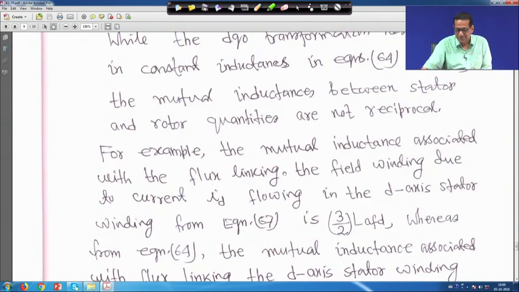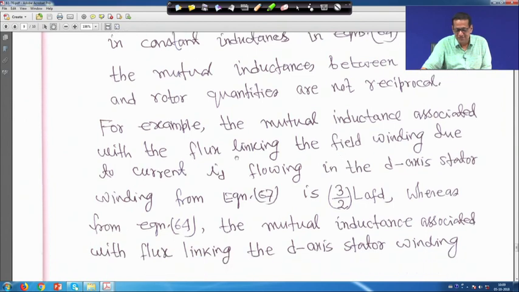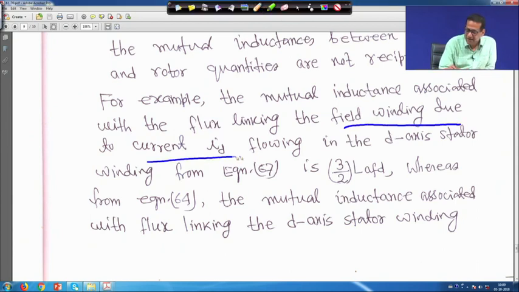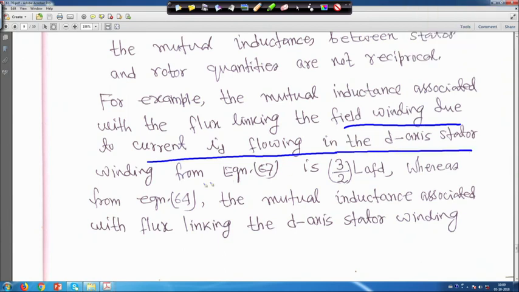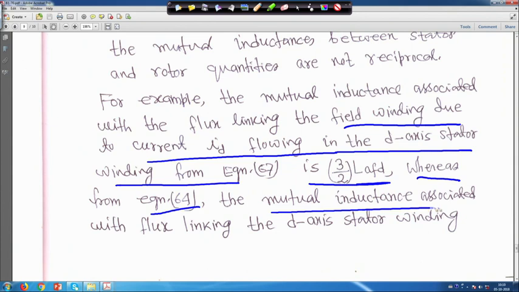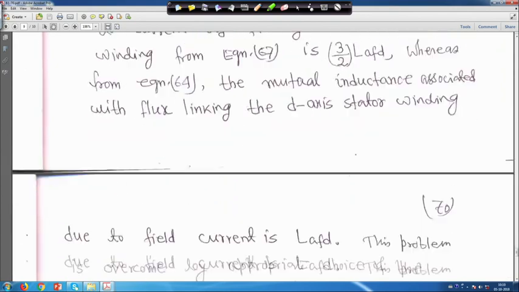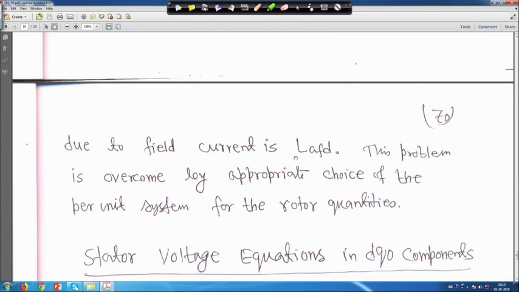For example, the mutual inductance associated with the flux linking the field winding due to the current ID flowing in the d-axis stator winding is, from the equation, 3 by 2 LAFD. Whereas in equation 64, the mutual inductance associated with flux linking the d-axis stator winding due to the field current is LAFD.